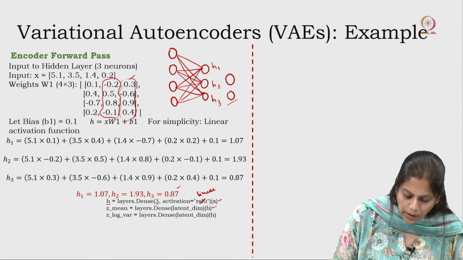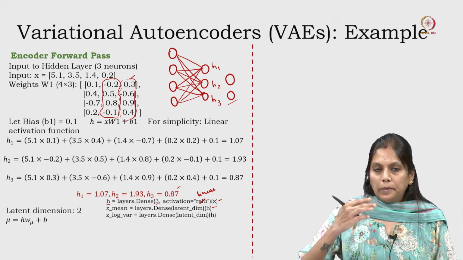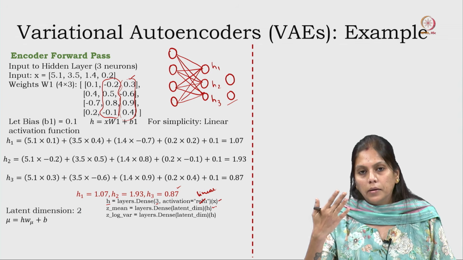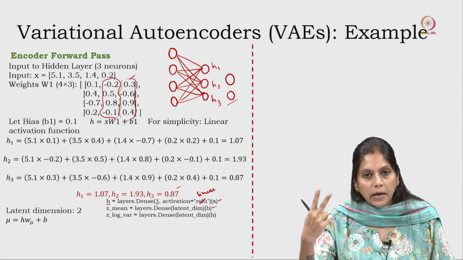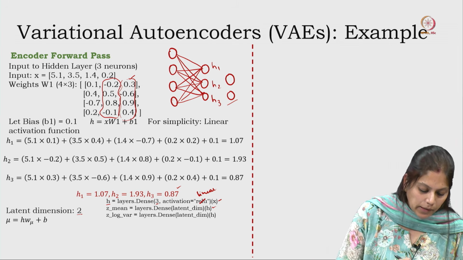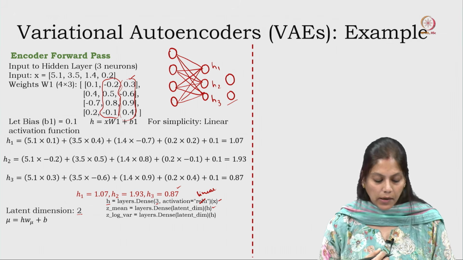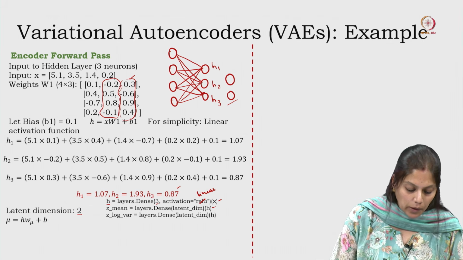This h is now passed to a layer. You see the latent dimension here is having size 2. Because the latent dimension has a size 2, now we will be getting the mean and variance. So, how do we calculate the mean?